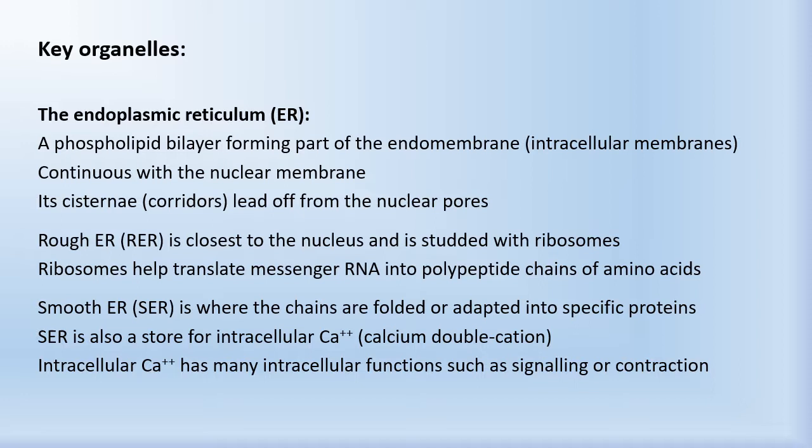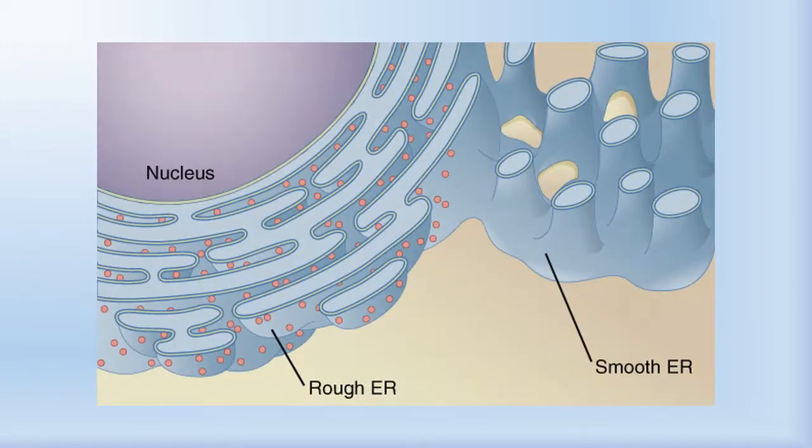And we'll come across the mechanisms of releasing Ca++ from the smooth endoplasmic reticulum during the module, and we'll also talk about its possible functions. This is a picture of the rough and smooth endoplasmic reticulum. Note on the rough endoplasmic reticulum the little red dots of the ribosomes. And note that it extends out from the nuclear envelope or membrane.